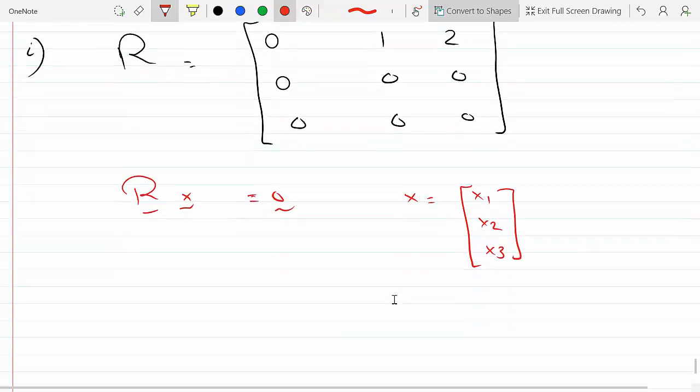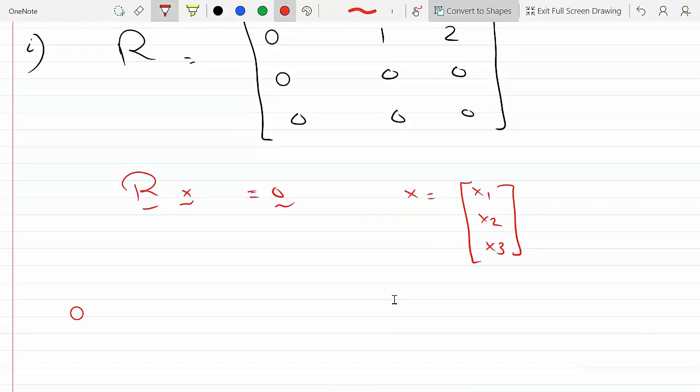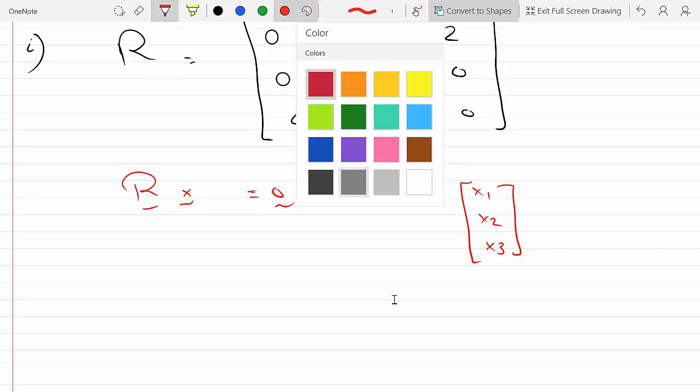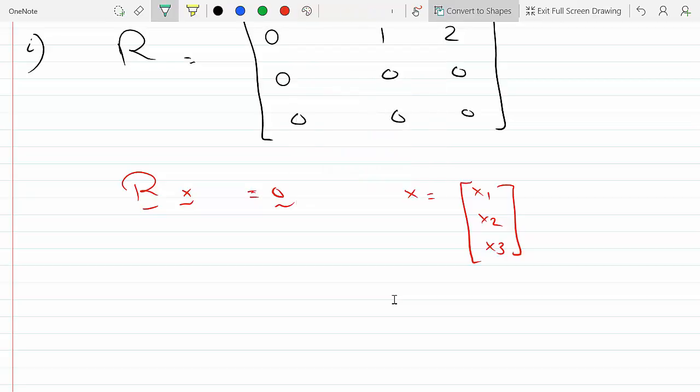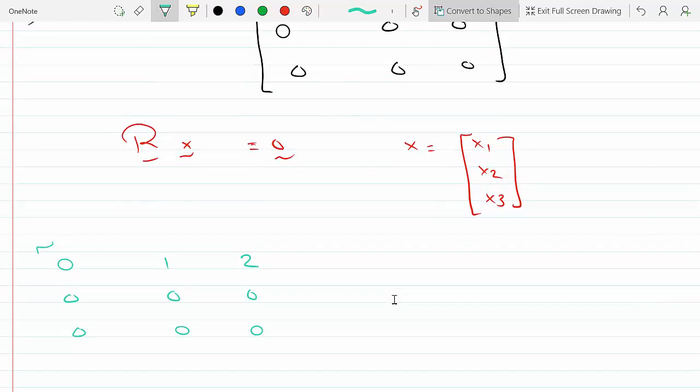Okay, so that means we have 0, 1, 2, 0, 0, 0, 0, 0, 0, times x1, x2, x3, equals 0, 0, 0.